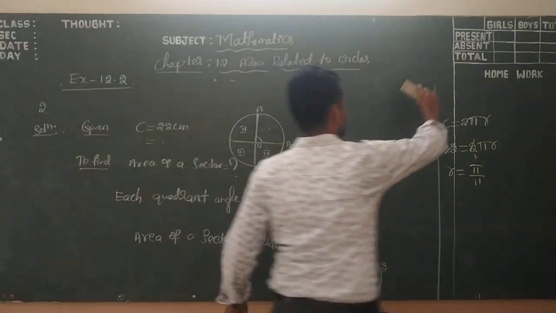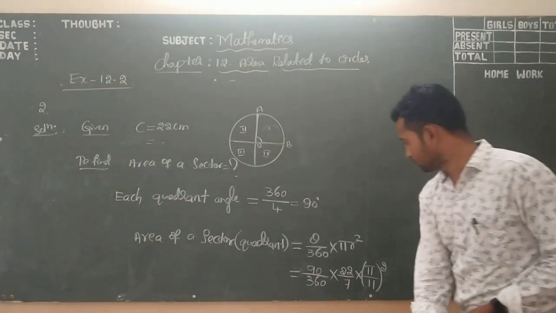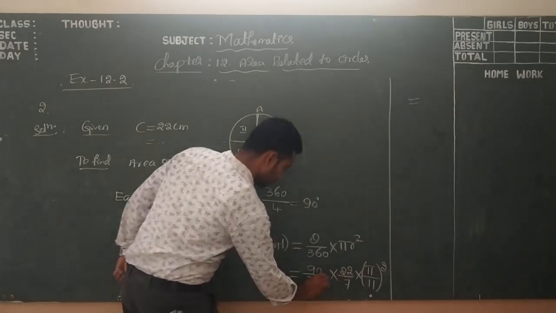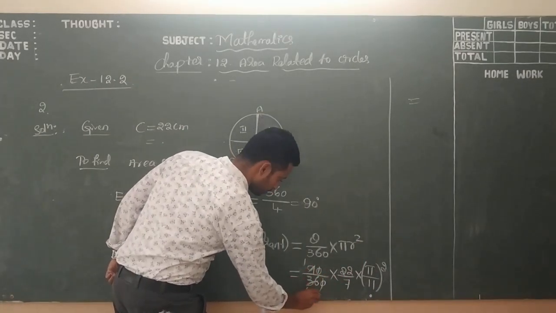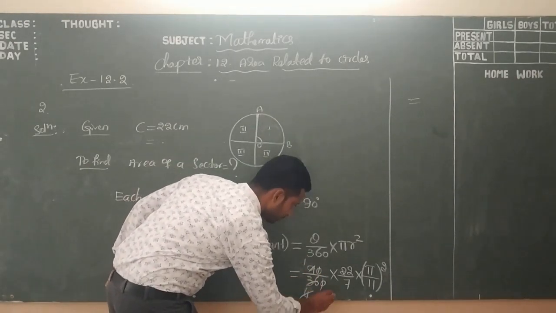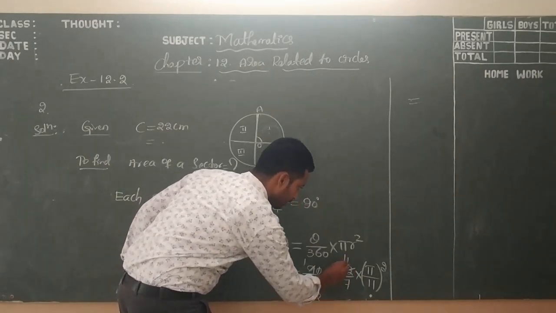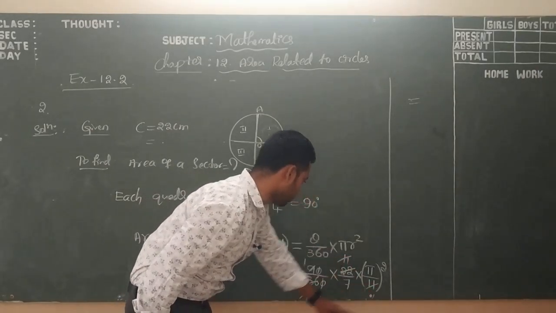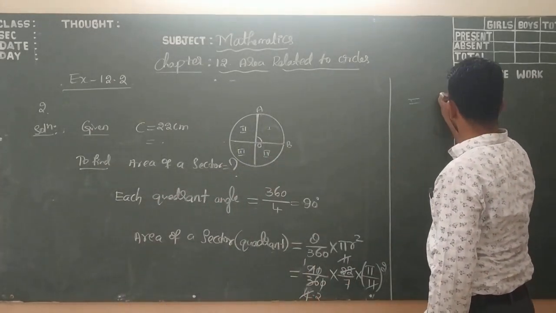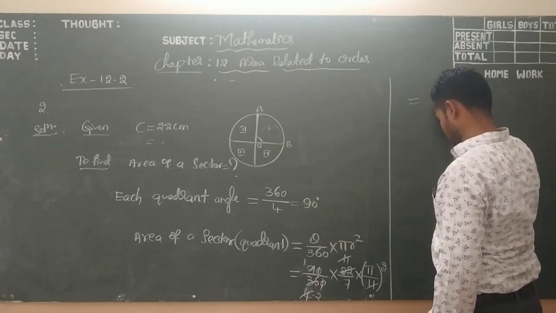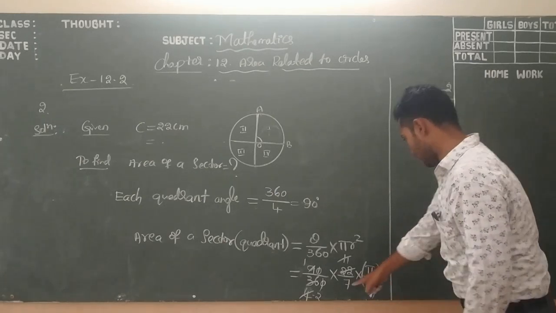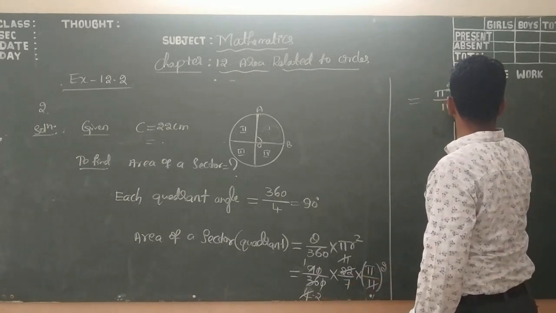So next, this zero gets cancelled. 9 ones are 9, 9 fours are 36. So 2 twos are 2, 11 ones are 11, another 11 remains. 2 pi square remaining, so pi square divided by 11, and this 7 also: 7 twos are 14.